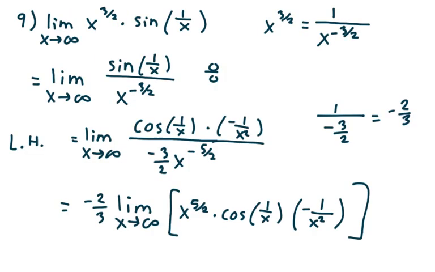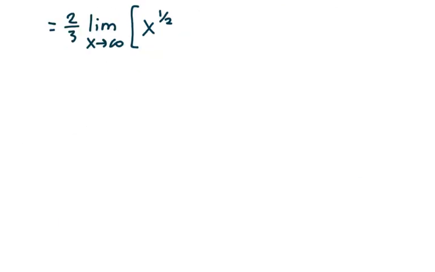So we get 2/3 the limit as x goes to infinity of x to the 1/2, right? 5 halves minus 2 is 1/2. Think of the 5 halves as 2.5. 2.5 minus 2 is 0.5, which is a half. And so this is x to the 1/2 cosine of 1 over x.